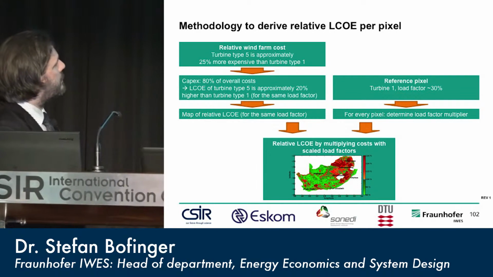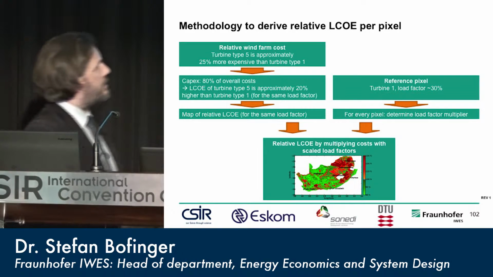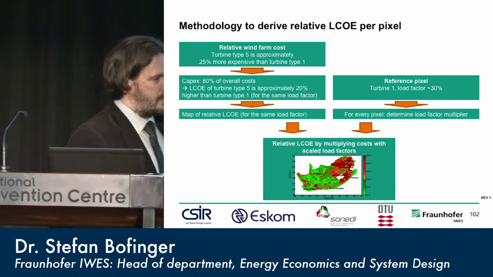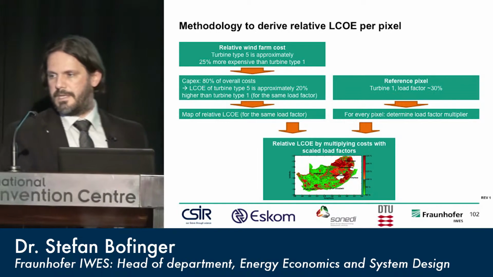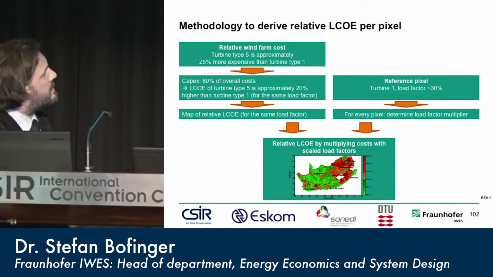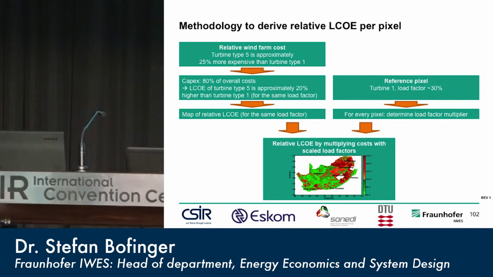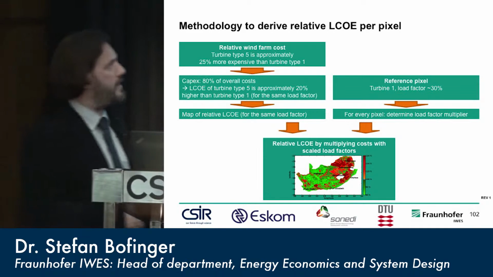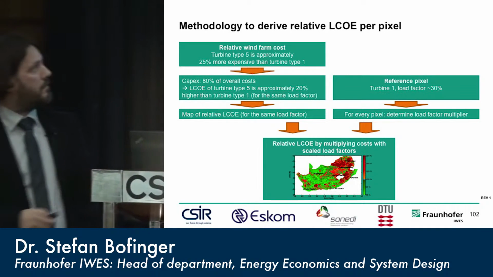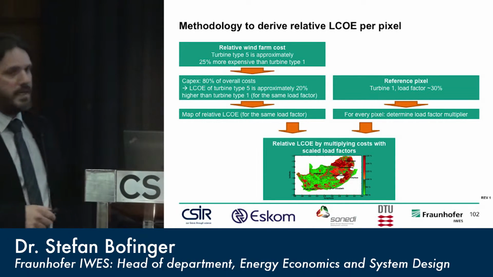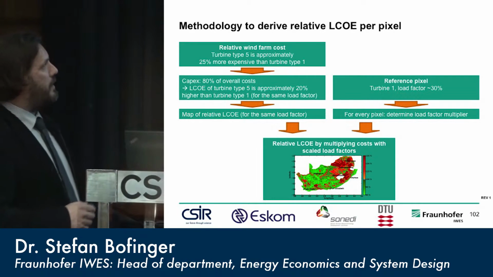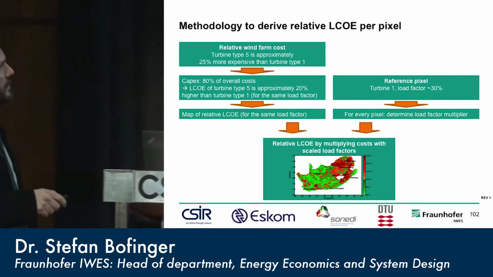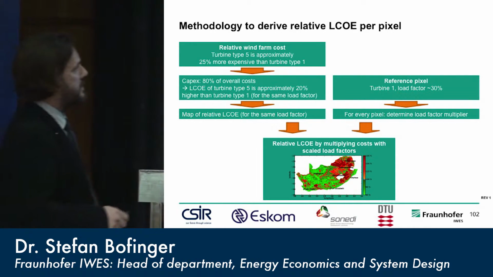So we calculated a map of all the costs. In the second step, we selected a reference turbine. We selected a turbine of type 1, which represents a load factor of 0.3, which guarantees a good economic viability, and we scaled all the pixels to this reference plant.